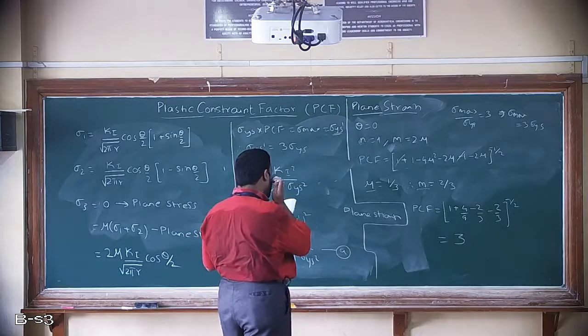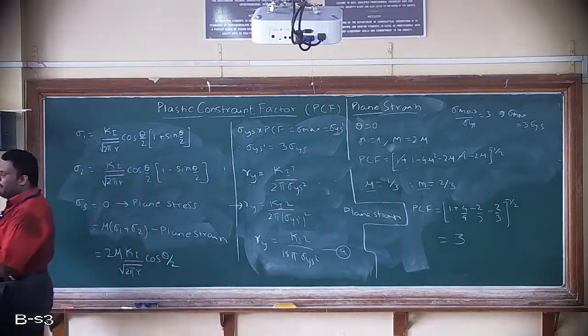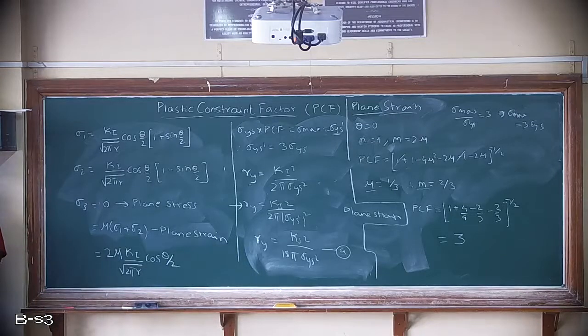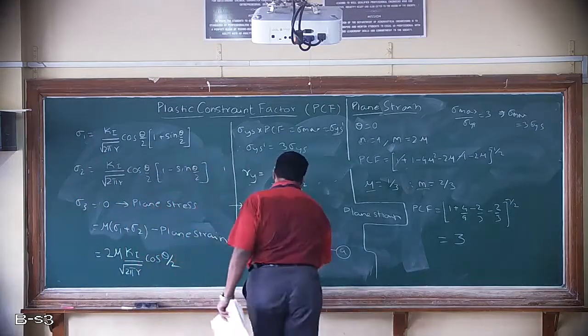In a practical case, the average PCF or plastic constraint factor is much lower than 3. So it is approximated to be equal to root 3 according to Irwin's theory. So sigma ys dash can be taken as root 3 sigma ys, and in that case the equation changes.